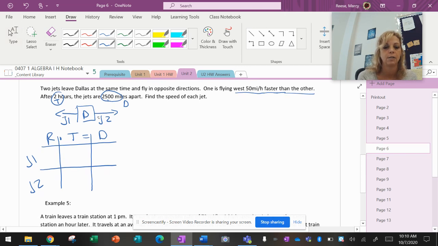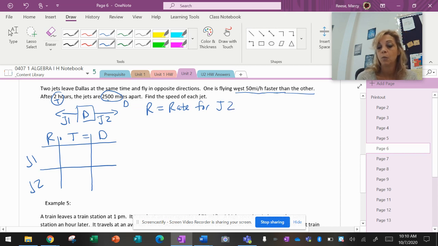That's based on my example here. West is to the left and east is to the right, if I'm looking at north, south, east, west. So it says 1 is flying faster. I don't know any of the rates. So I'm going to say R is going to be the rate for jet 2.